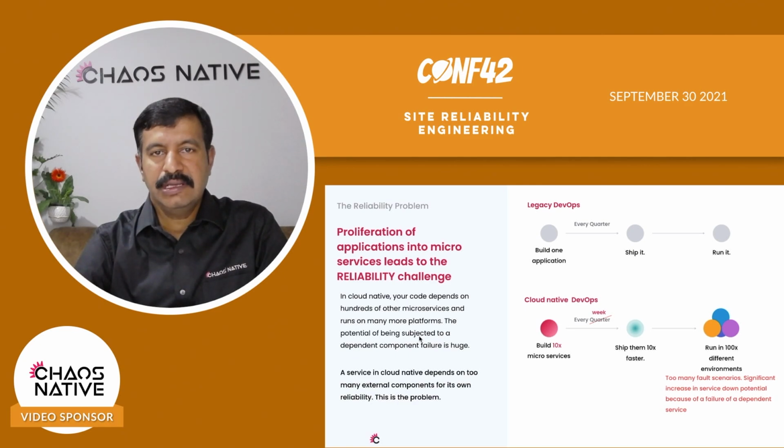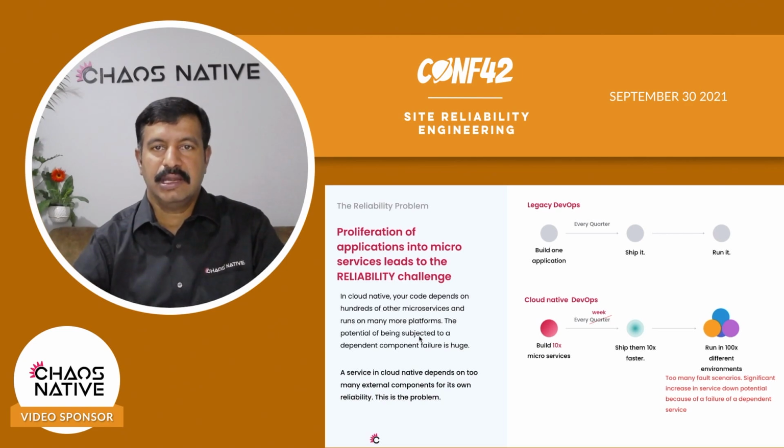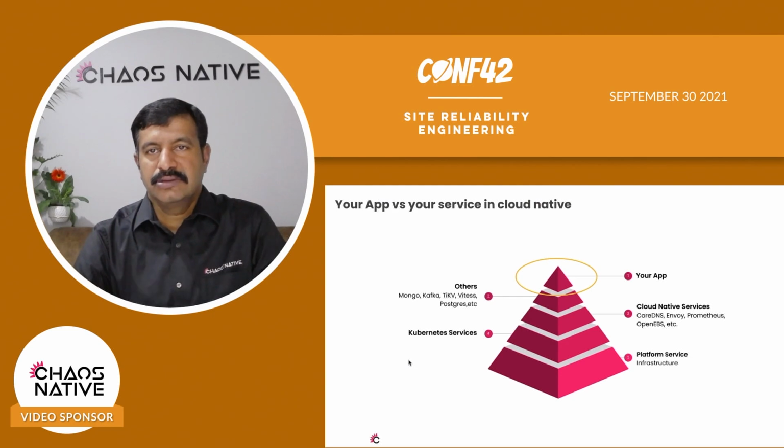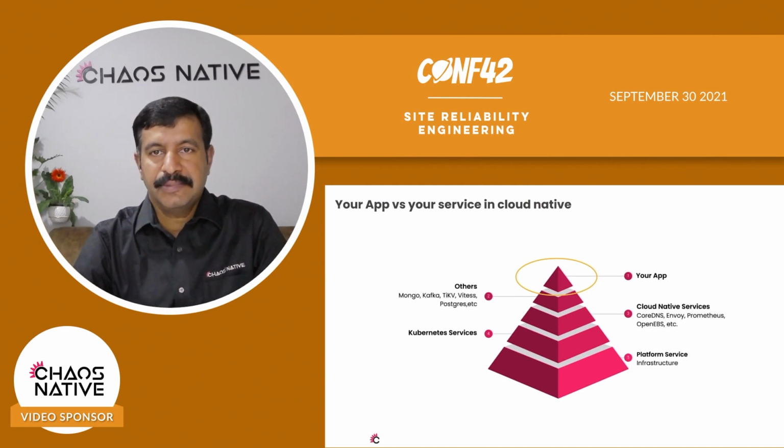So reliability is a bigger question. What happens if something else fails? Will I continue to work properly? That's the application or service question that we'd be asking in cloud native space. To summarize, the microservices app that you're developing in cloud native is less than 10% of the code in your entire service.